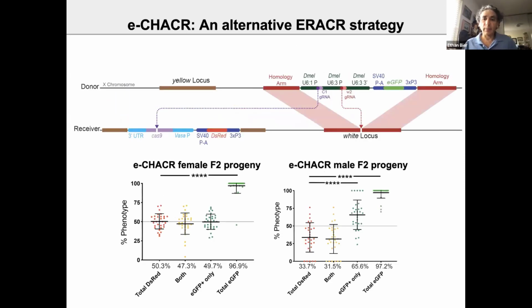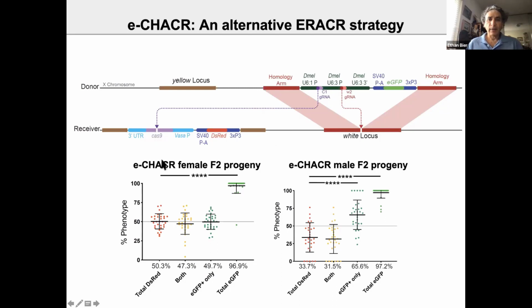Now, something that's a little bit more subtle as an effect is that if you're going after a situation where the Cas9 source is not on a gene drive, so it can't copy itself, so you don't have that problem with 4 strands being cut and so forth, you're just looking purely at the action of the eCHACR in this case, just distilling that aspect of it.